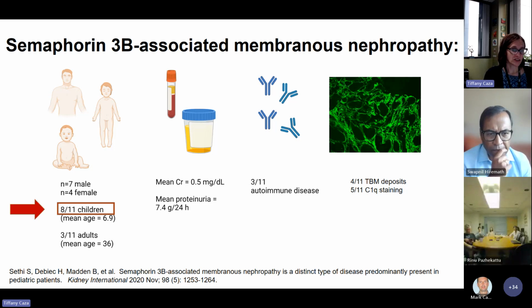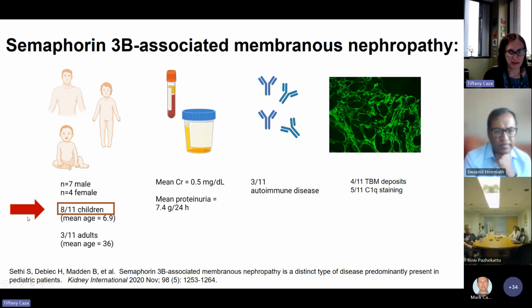You have a lot of patients that are positive for a different autoantigen, axistocin, and then about 10% are semaphorin 3b positive.